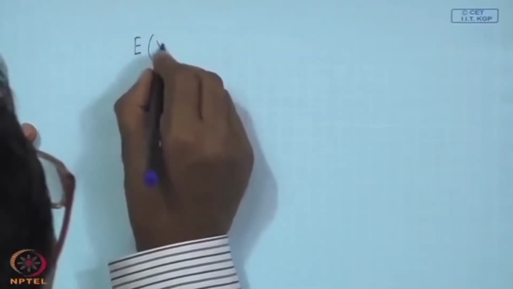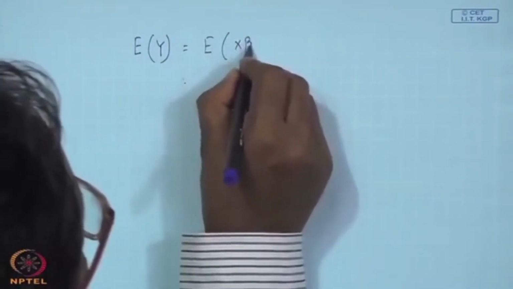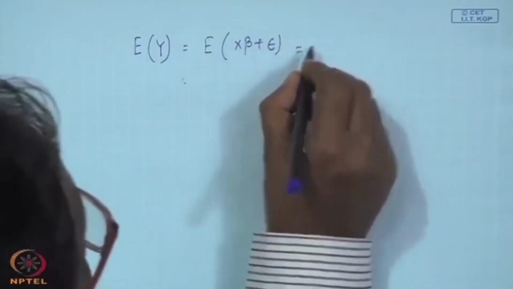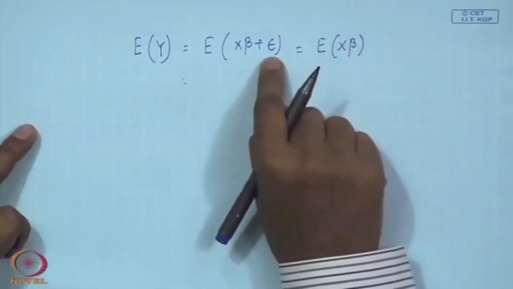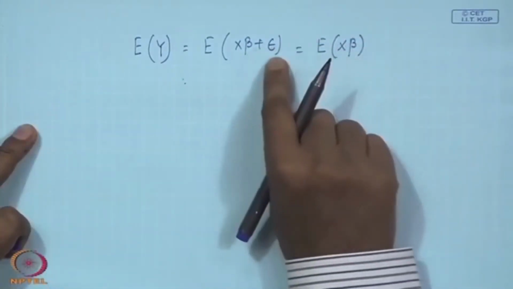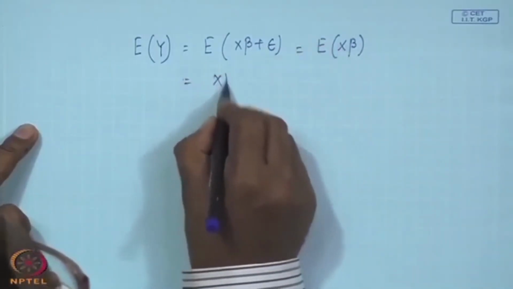Okay. Under such a situation, if I want to write down the expected value of y, this is nothing but the expected value of x beta plus epsilon, which is nothing but the expected value of x beta. The reason is the expected value of epsilon is 0, and ultimately this leads to x beta only.